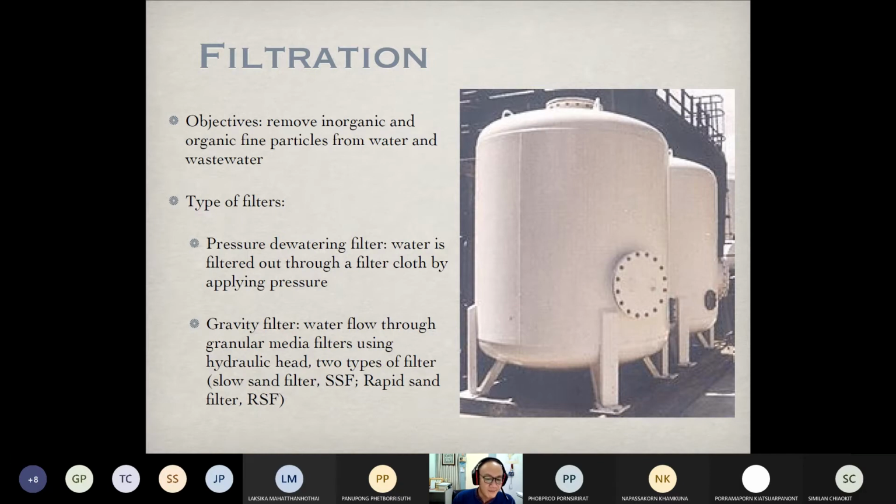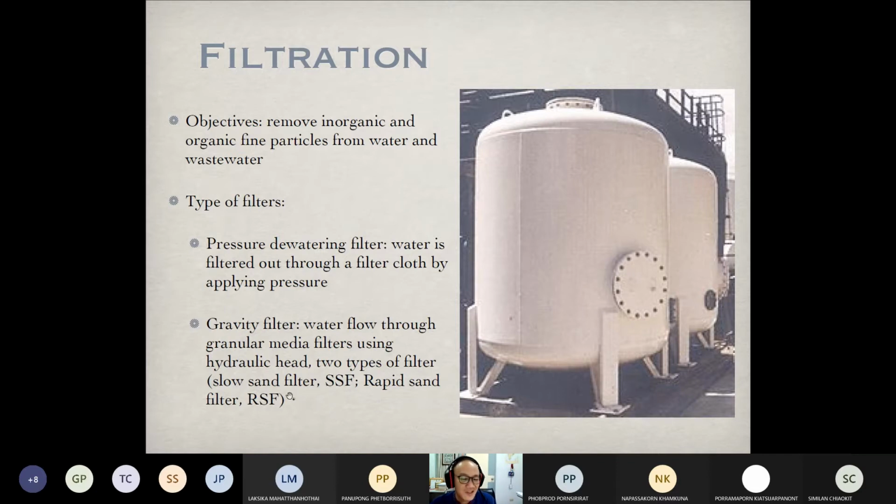If it goes fast, we call it a rapid sand filter. If it goes very slow, we call it a slow sand filter. So we have two types of filters, SSF, slow sand filters, and rapid sand filters.